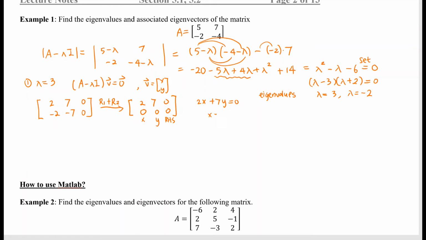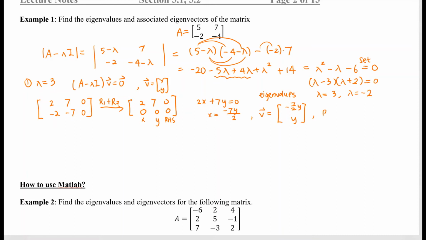Right, and what is x? Well, we move the 7y to the right, and it becomes minus 7y, and then we divide by 2. Let me write this down first. So v equals (minus 7 over 2 y, y). We have one free variable, right?